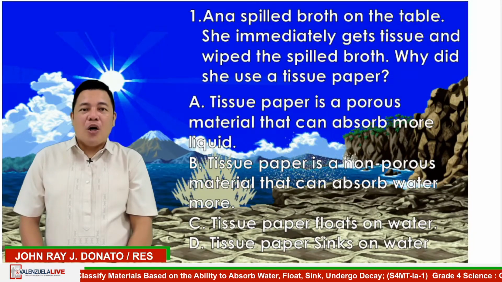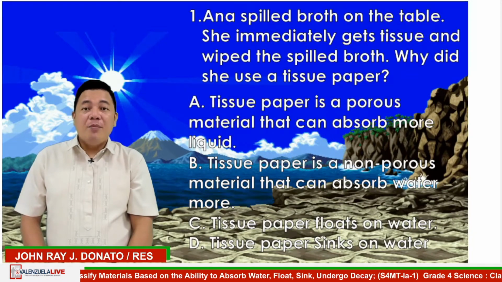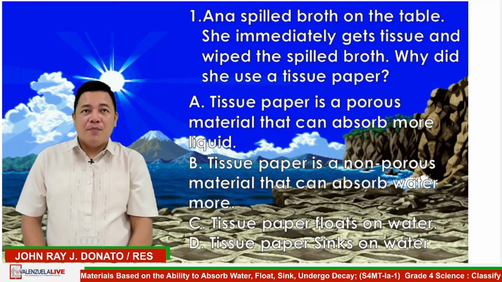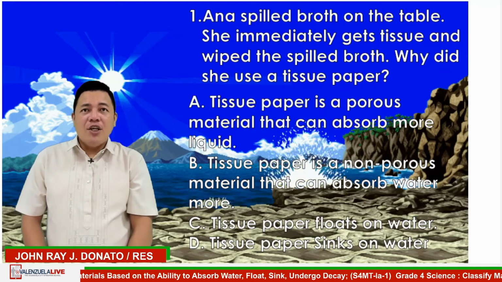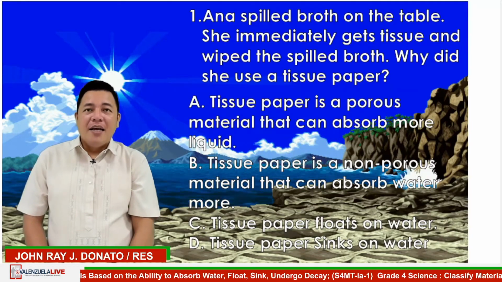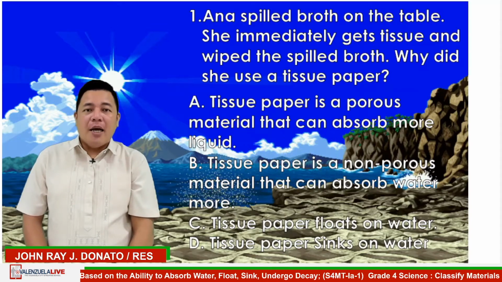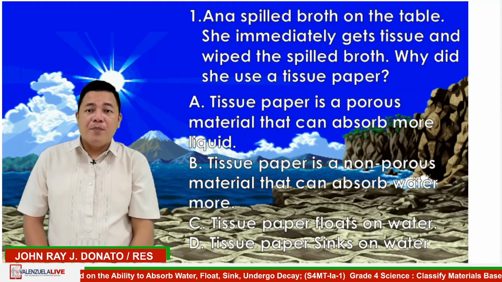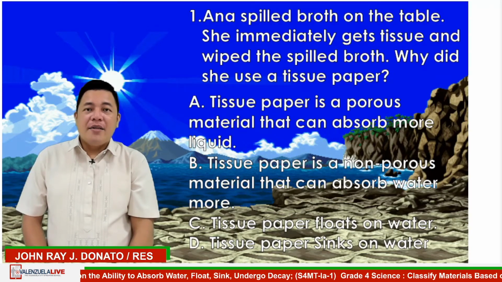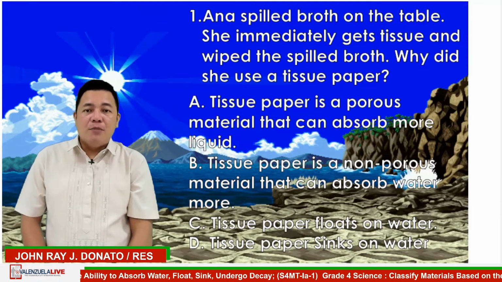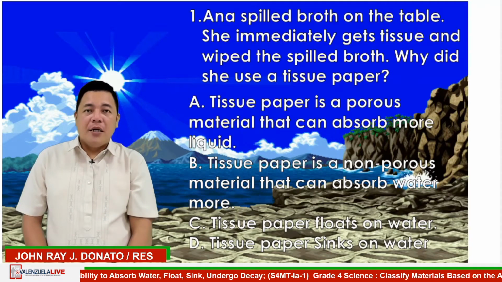Anna spilled broth on the table. She immediately gets a tissue and wipes the spilled broth. Why did she use a tissue paper? A. Tissue paper is a porous material that can absorb more liquid. B. Tissue paper is a non-porous material that can absorb water more.